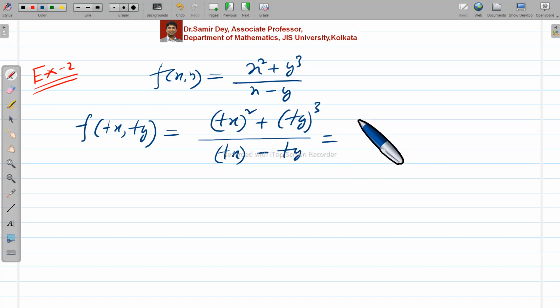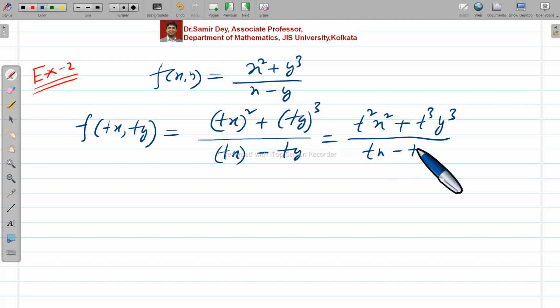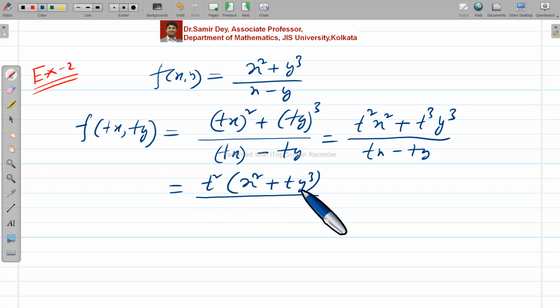So what is coming? t square x square plus t cube y cube, and here tx minus ty. Now from the numerator, what is common? t square is common, x square plus t y cube, by t is common, x minus y.